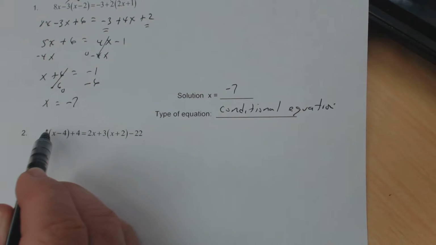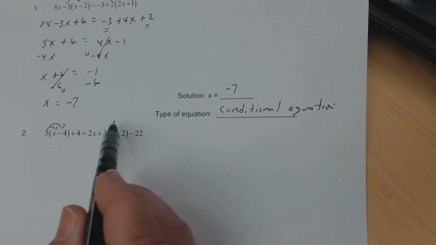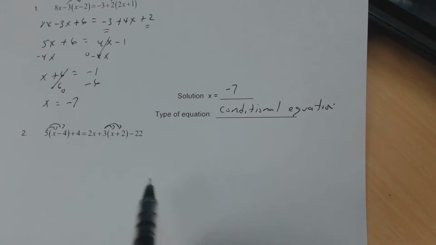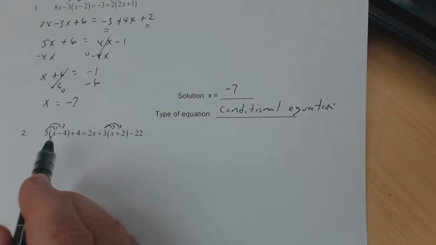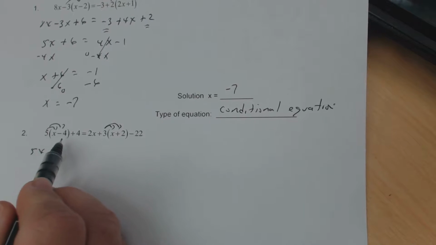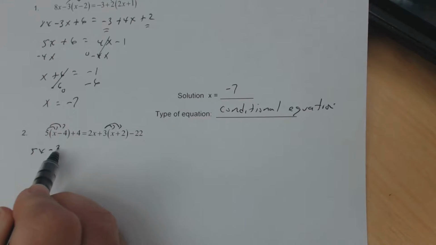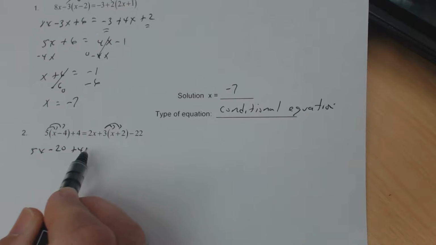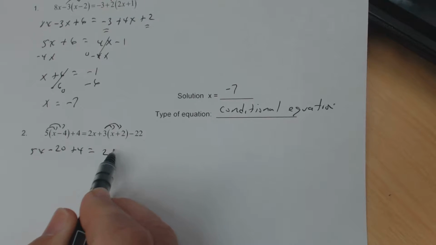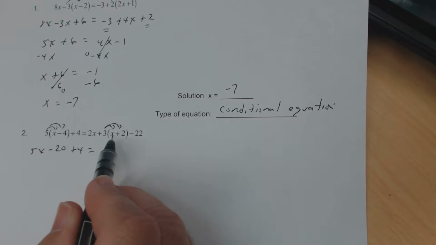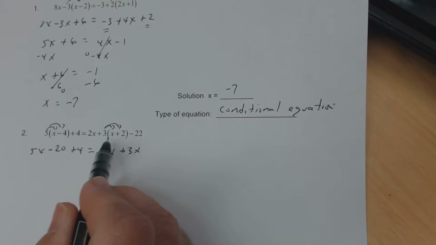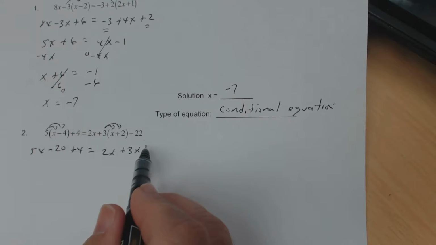So again, same idea. You can distribute the 5. You can distribute the positive 3. And so we get 5 times x is 5x. 5 times a negative 4 is a negative 20. Plus this 4 equal 2x. Distribute the 3. 3 times x is positive 3x. And then 3 times 2 is a positive 6.